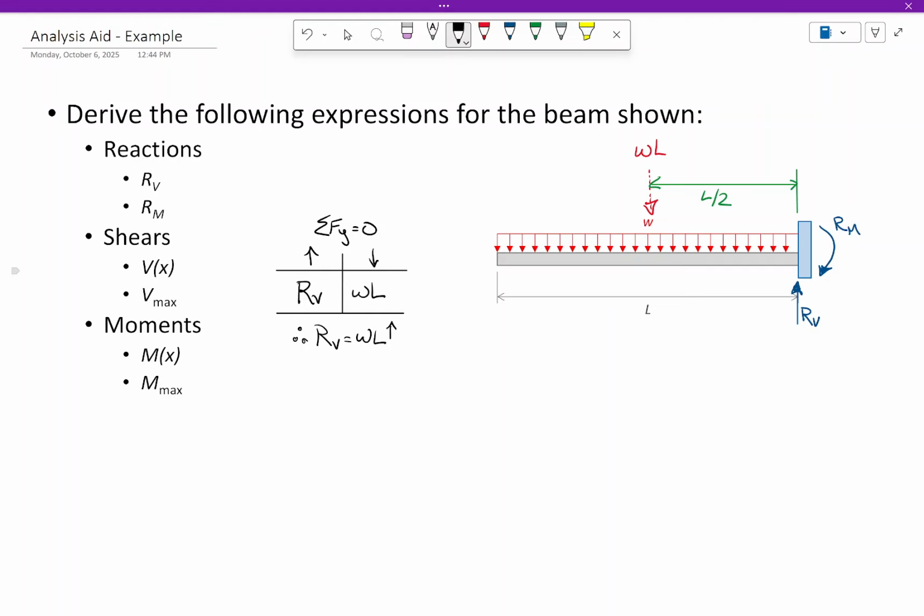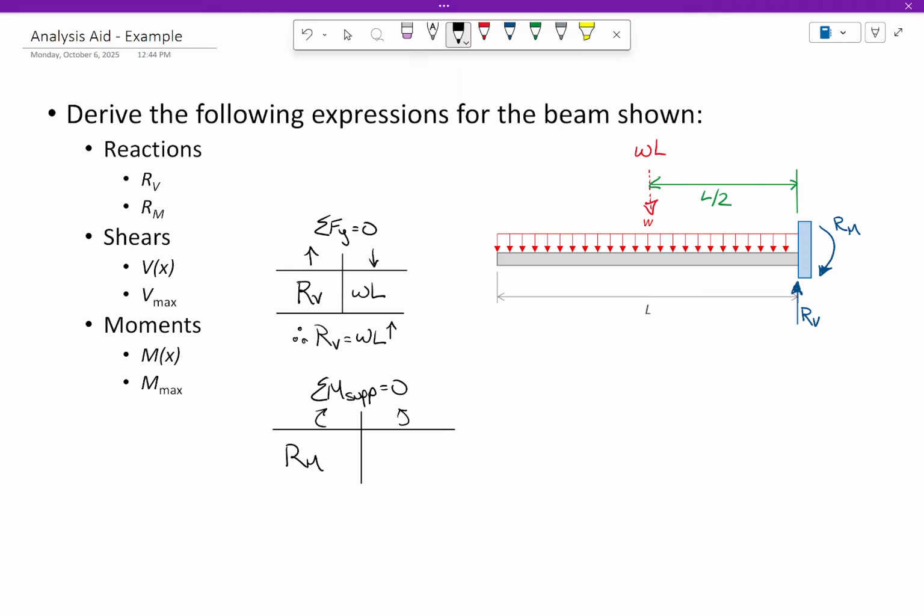Okay. What about summing moments? Let's sum them at the support. Does RV generate any moment? Does RM generate moment? Well, yeah, it goes over here. What about this? How do I account for this? Does it generate moment?